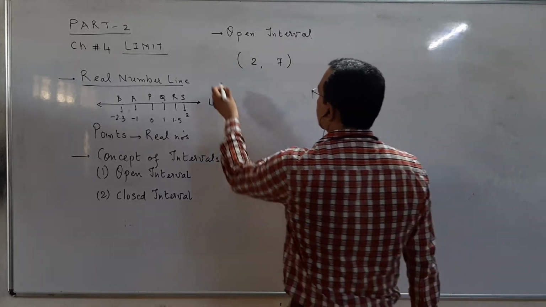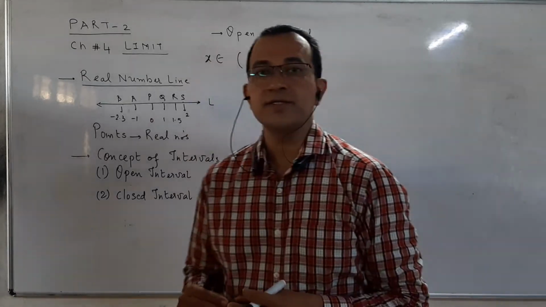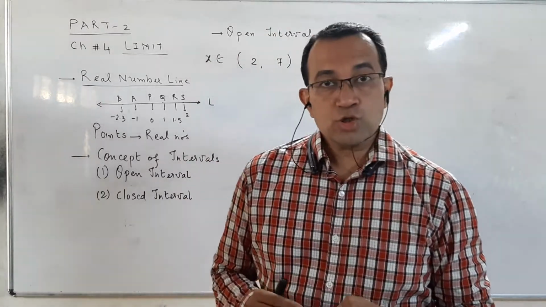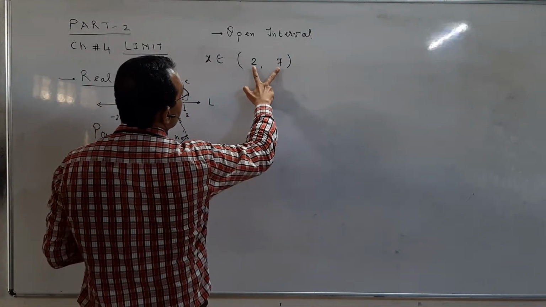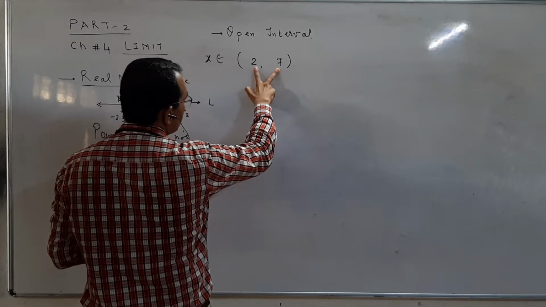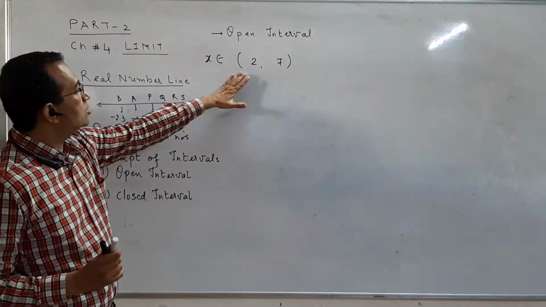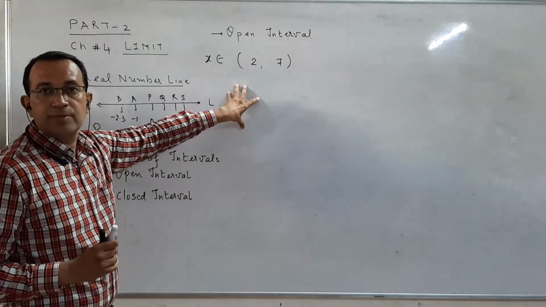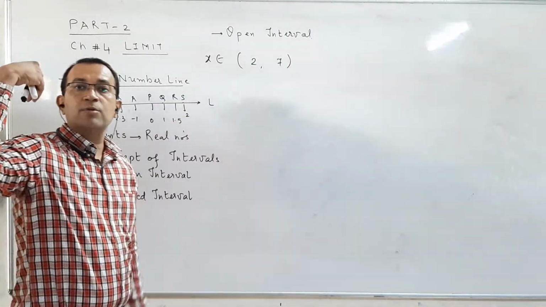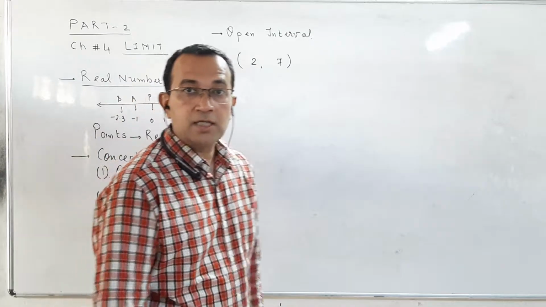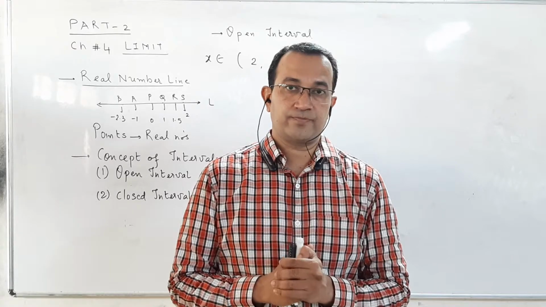And suppose I write x belongs to this interval 2, 7. So students, x will be any real number between 2 and 7 excluding 2 and 7. X can be 2.1, x can be 3.18, x can be 6.99999, number of 9s you want to add, but x cannot be 2, x cannot be 7.